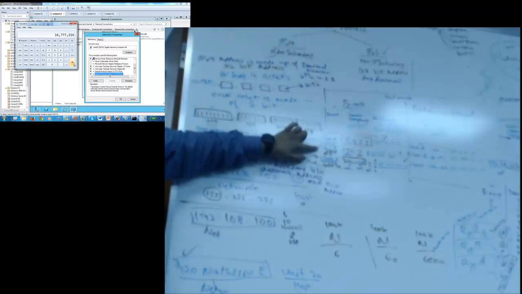Networks are scattered all over the world, so there has to be a better way of doing it. At that time, they came up with classes of IP address. They said, let's divide it into class A, class B, class C. Class A will be used for large organizations.